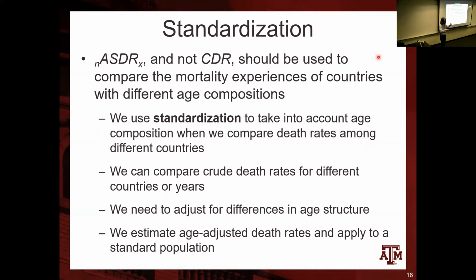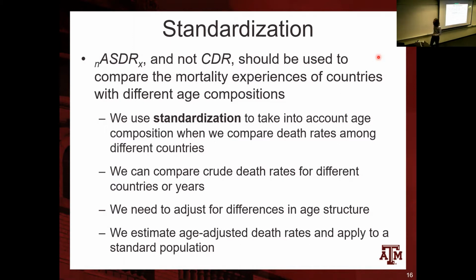And as we saw in the previous graph, the mortality rates vary a lot by age group. And with standardization, we can compare death rates for different countries or years.